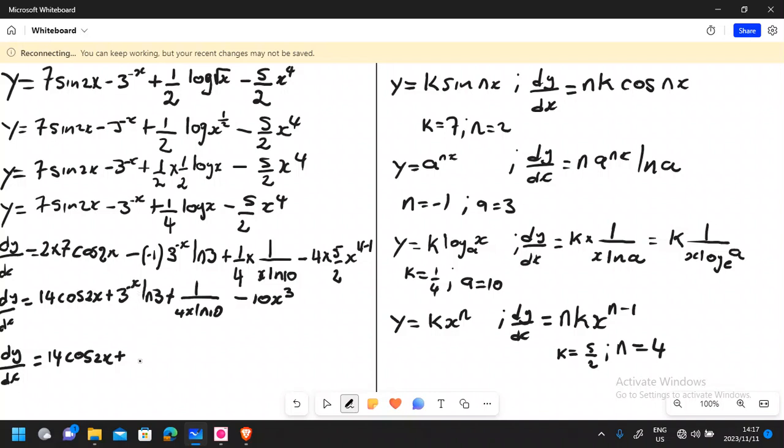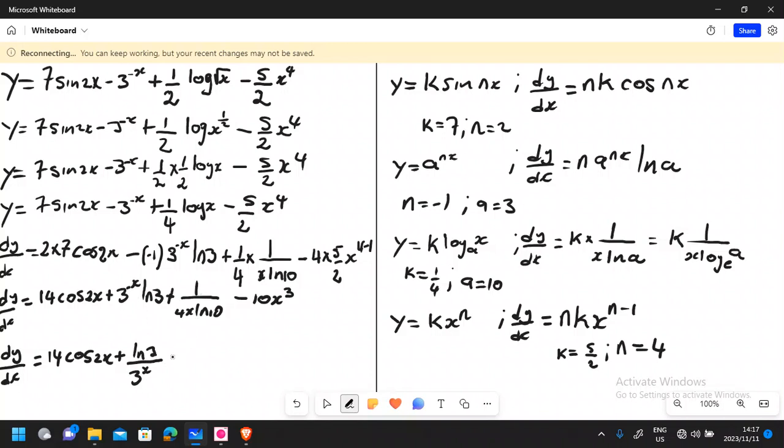So on the numerator we're going to be left with natural log 3 divided by 3 to the power of x. Remember guys, when we take the base to the denominator, the exponent changes the sign. So this is that one there.